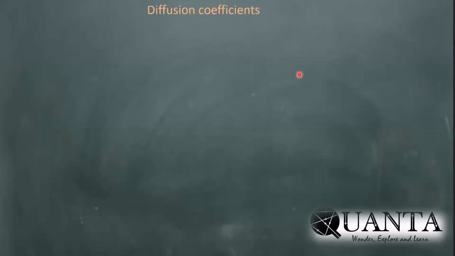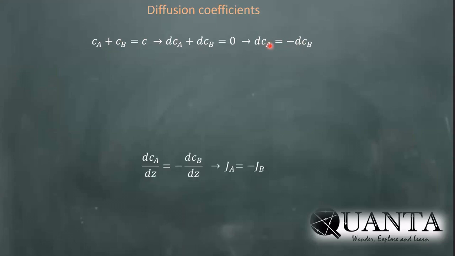Let's see some of the properties of diffusion coefficients. Consider a solution where the total concentration is constant, which is the sum of concentrations of individual components. If we take the differential, we find dC_A plus dC_B is equal to 0 because the concentration is constant, which gives us dC_A is actually the negative of dC_B. So we have related the concentrations of the two components.